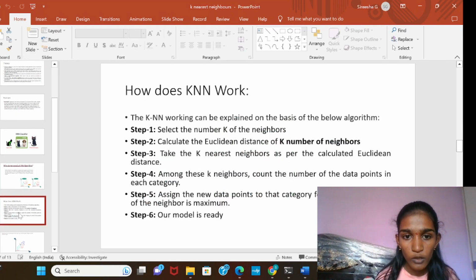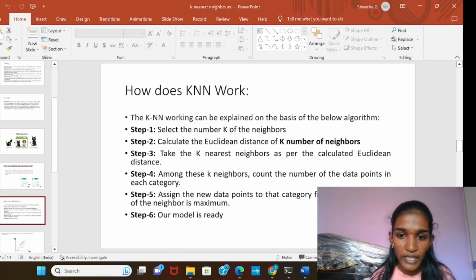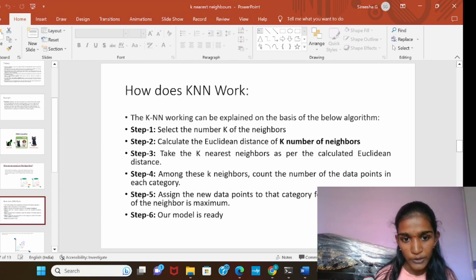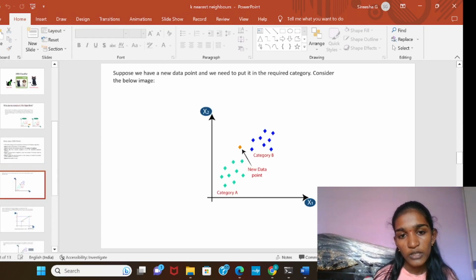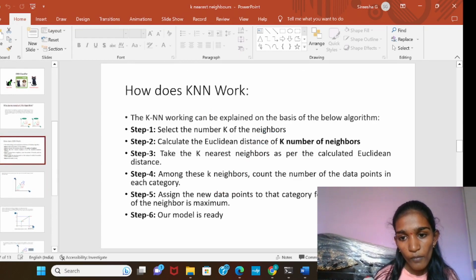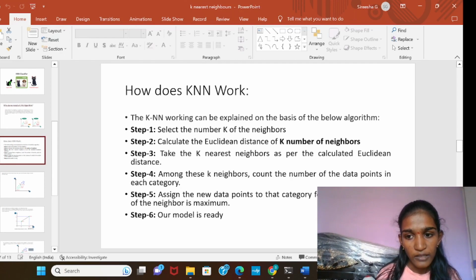Coming to the steps involved in the KNN algorithm, first it selects the number K of neighbors. After selecting the number of K neighbors, it calculates the Euclidean distance. After that, it takes the K nearest neighbors as per the calculated Euclidean distance. Among those K neighbors selected, it counts the number of data points in each category.